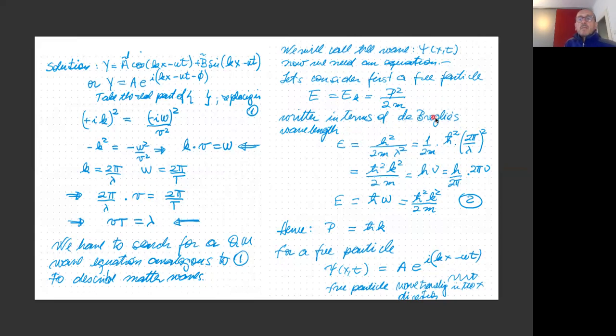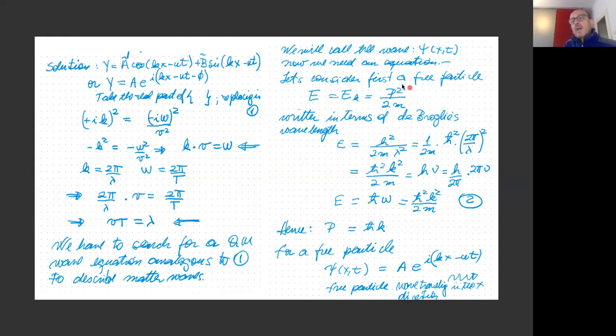So written in terms of the de Broglie wavelength, this is when the quantum mechanics starts a bit, meaning we want to write the energy as a function of lambda. What is the de Broglie wavelength? I didn't write this down. Maybe I should. p is h divided by lambda.